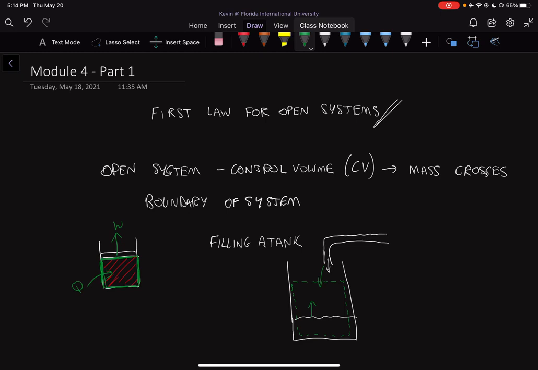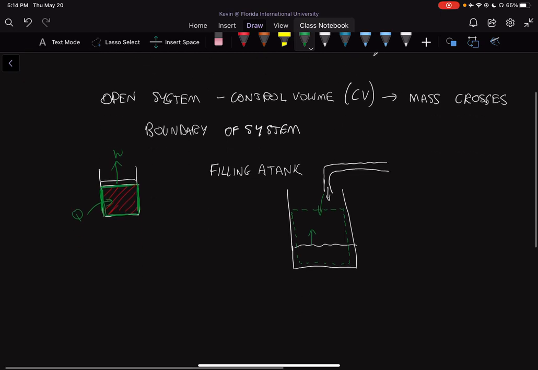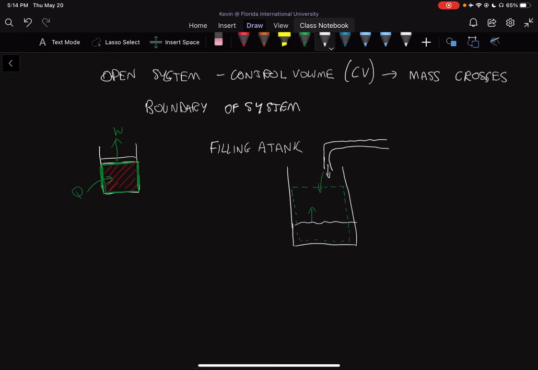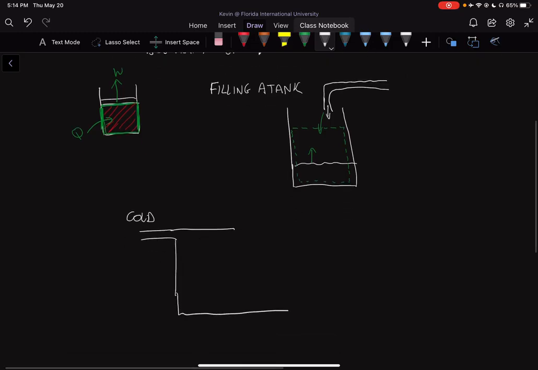Another type of open system that is often worked on a lot in thermodynamics is a water heater. So you'd have cold water coming in, and you would have a water heater, and you would have hot water coming out. So you'd have cold water coming in, hot water coming out of the system, and in the middle you would have a water heater.